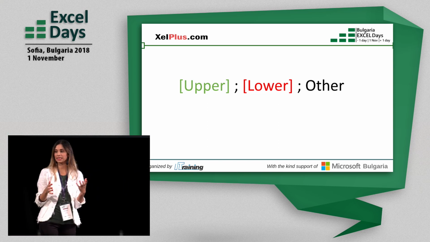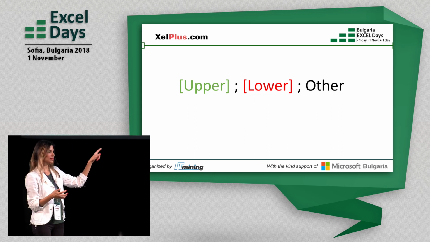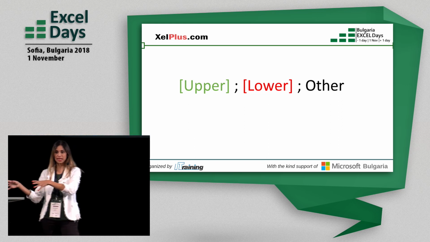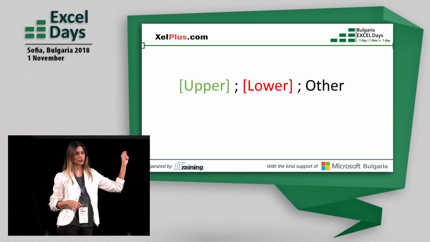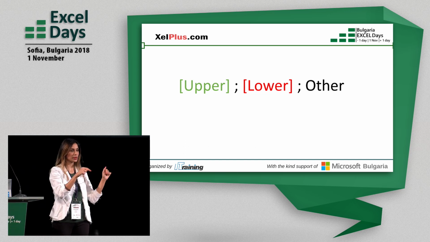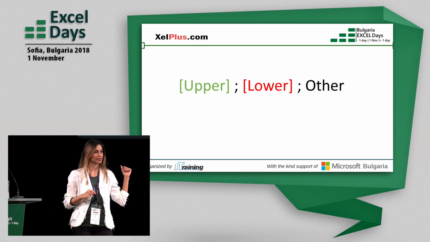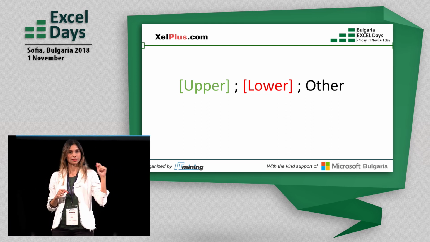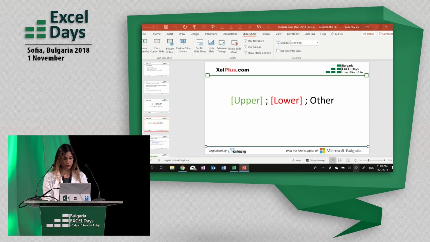And it can come in handy for adding fixed thresholds. So instead of doing plus, minus, zero, text, you do upper, lower, other. Upper, lower, other. And you define these thresholds in these square brackets. Did anyone know of this? Okay, so it can come in handy for these types of fixed thresholds.